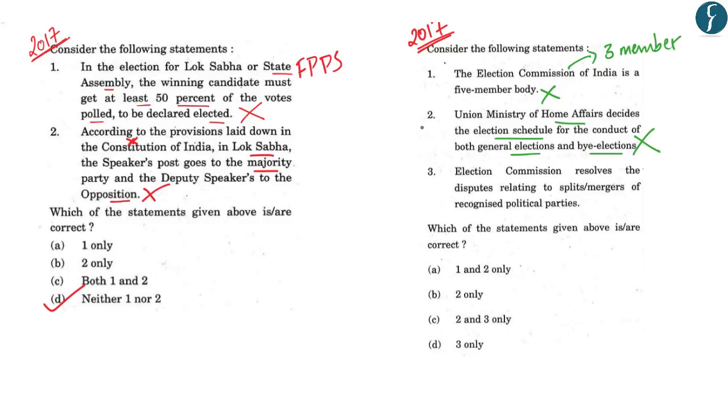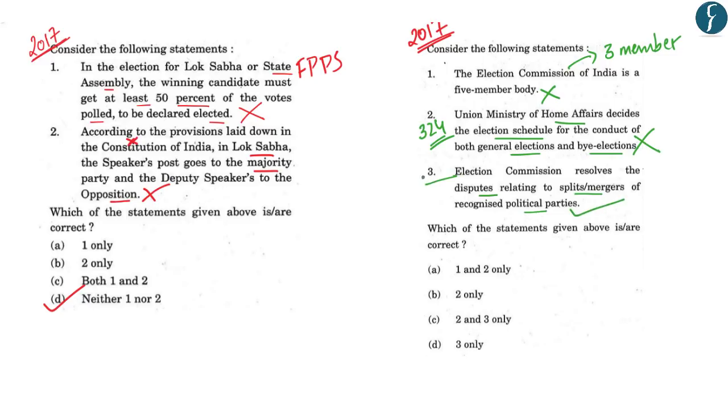We had discussed that under Article 324 of the Indian Constitution, it is the Election Commission who has the mandate to decide the election schedule for both the general elections as well as the by-elections. Third statement, Election Commission resolves the dispute relating to splits and mergers of recognized political party. Now this statement is right.